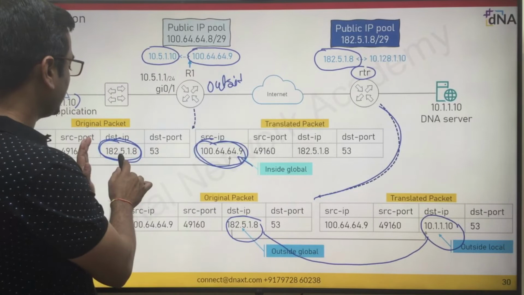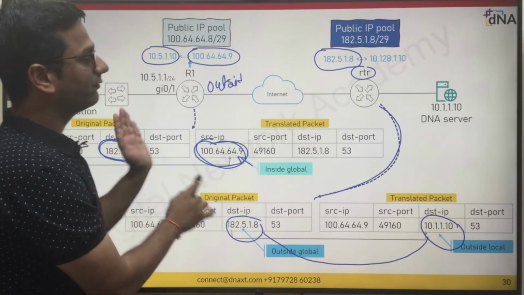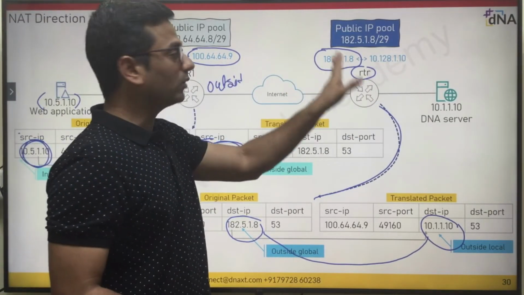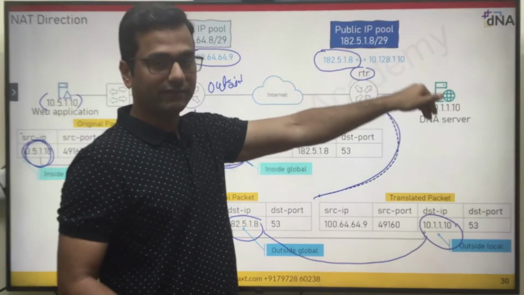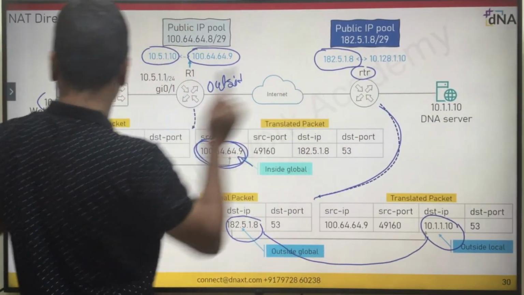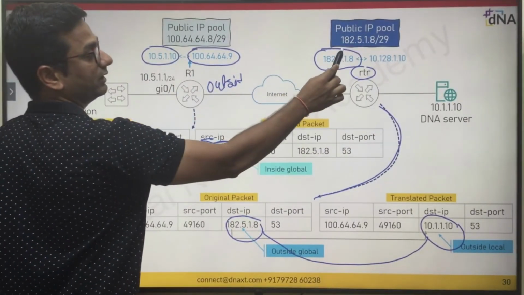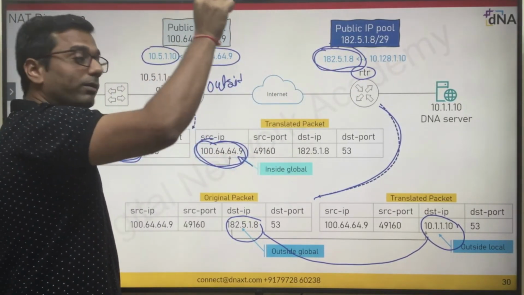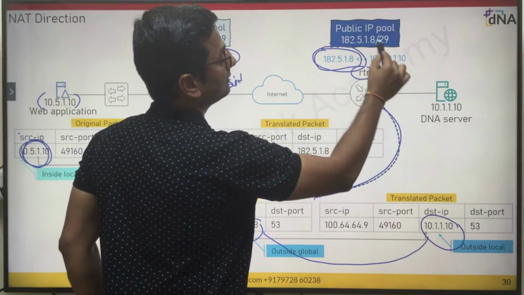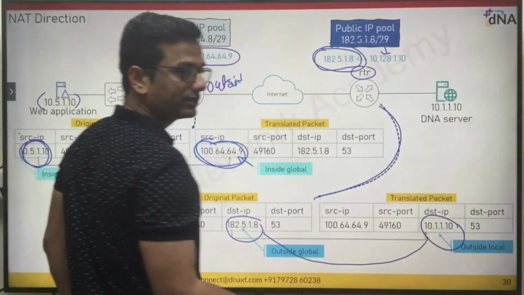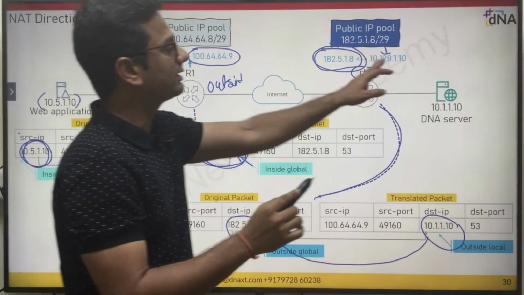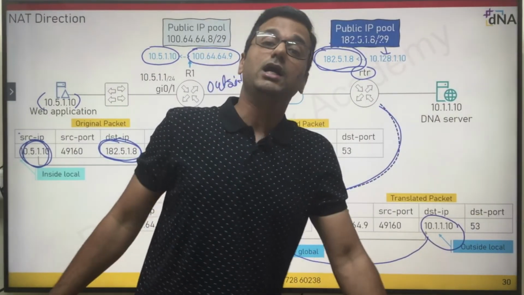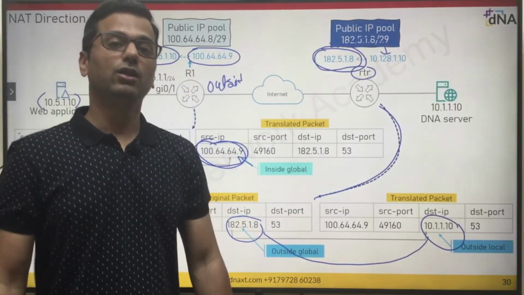Now for the destination IP address 182.5.1.8, when it hits a router it will be translated from public to private IP address. So for me 182.5.1.8 is my outside global. As soon as this IP address is translated to a private IP address or any IP address, the IP address after translation is my outside local.